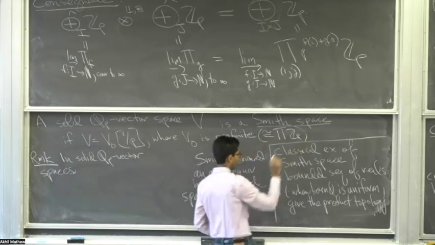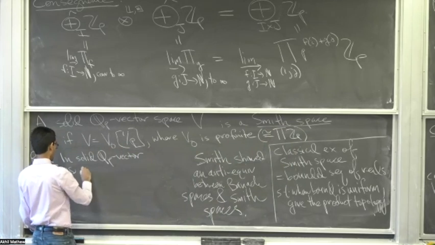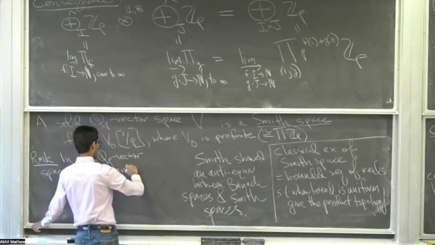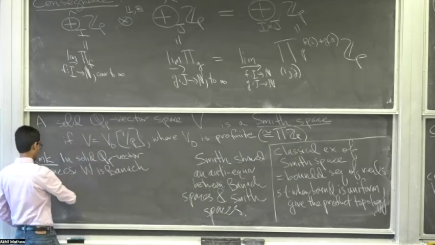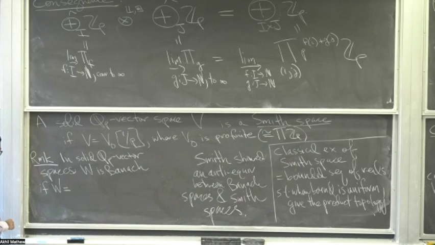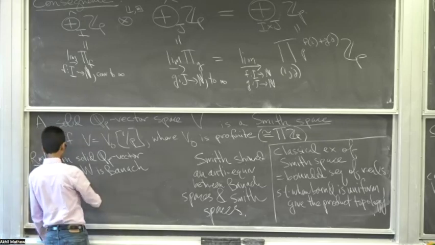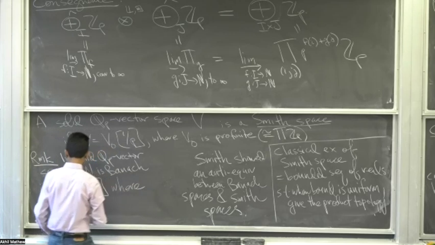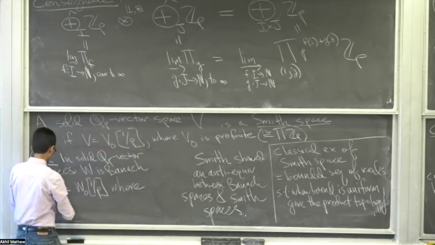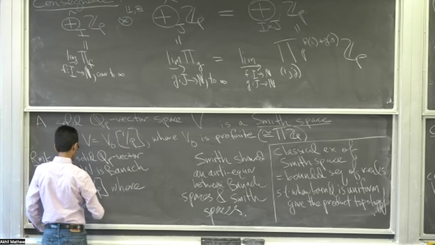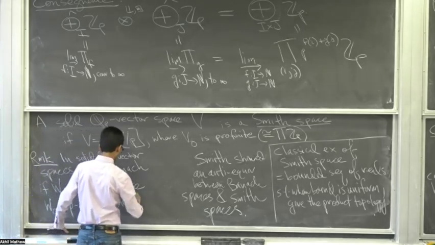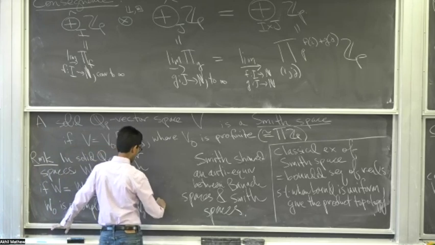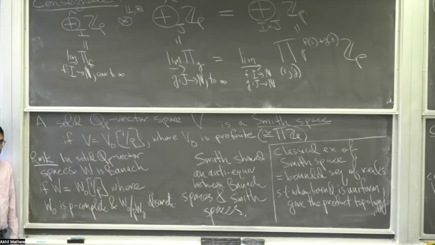We'll say that W is Banach if W equals W0 with 1 over P adjoined, where W0 is P-complete, and W0 mod P W0 is discrete.